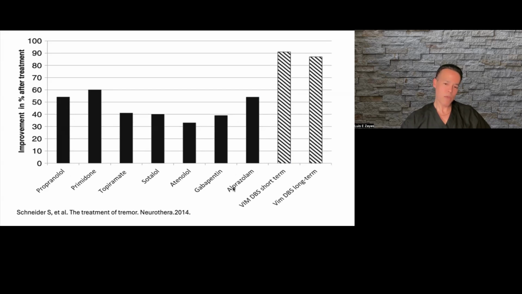But looking at alprazolam, which is a medication that I didn't talk about, I think it's level C of evidence, or B. I don't remember exactly. But I don't use it because I'm concerned about the side effects of alprazolam long term, especially addiction. Alprazolam is Xanax, so it's very addictive.